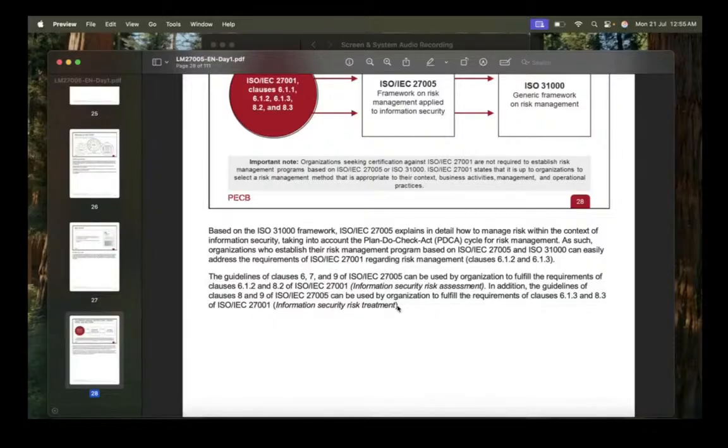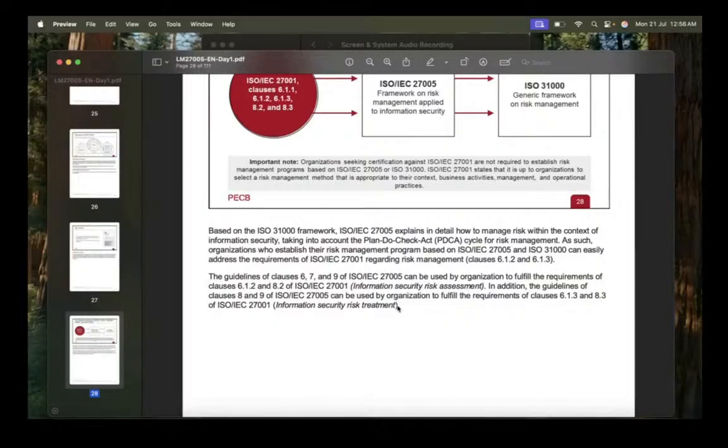So the one we are going to focus on is ISO 27005, in the context of information security. That is how it differentiates, because 27005 deeply talks about information security risk management, while 31000 is a generic framework on risk management.